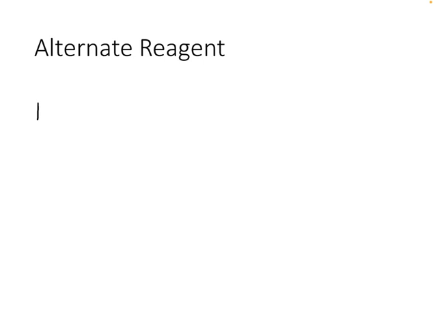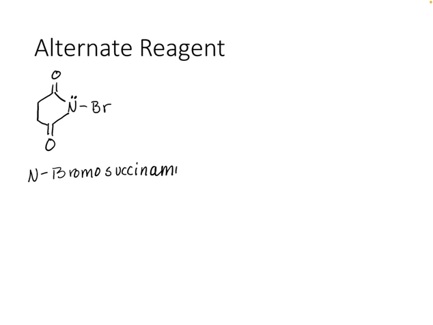So I'll draw this reagent for you so you can see what it looks like. All right, and then there's a lone pair left on nitrogen. So this is called N-bromosuccinimide, and we just abbreviate that NBS.